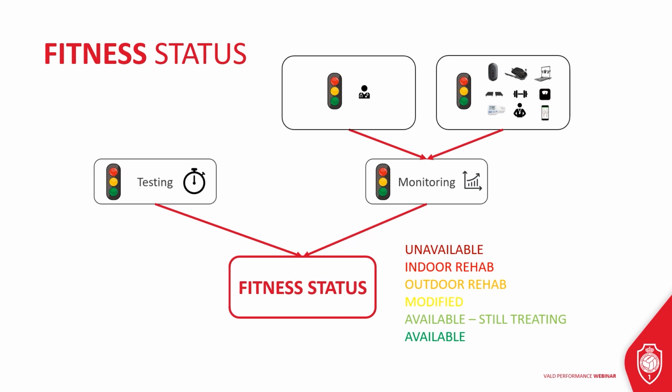Next phase, outdoor rehab. The player is treated still with a physiotherapist and goes outside with a physiotherapist or the strength and conditioning coach to do specific work on the pitch with regards to his injury.